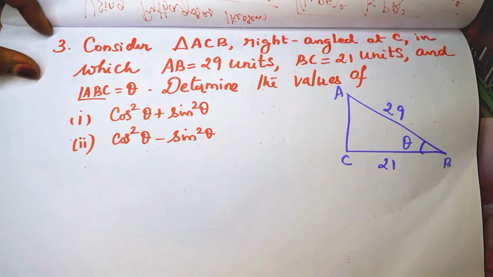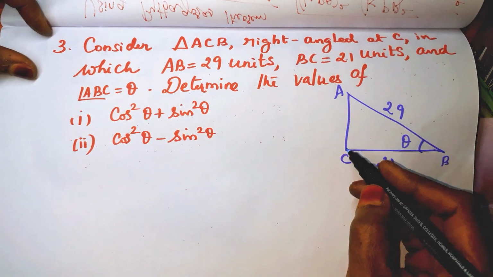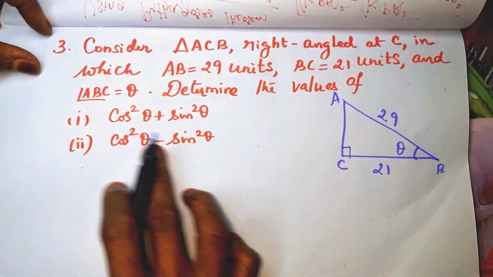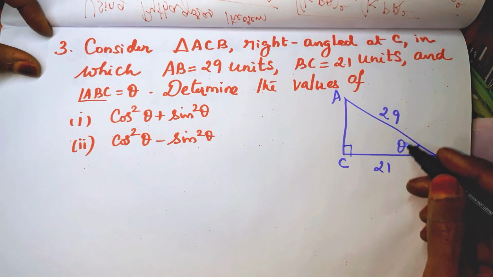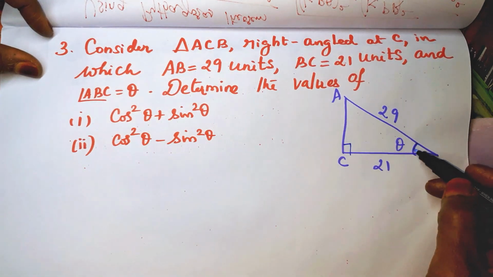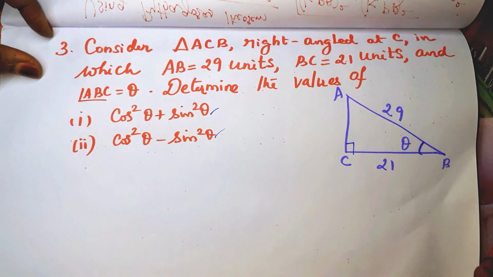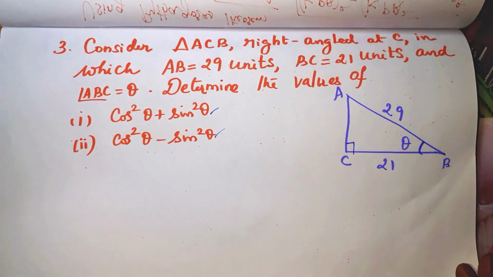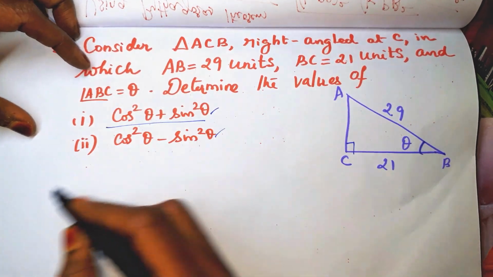Now come to the next problem. We are going to consider triangle ACB, right angle at C. Here it is 90 degrees. AB is given as 29, BC is given as 21 units, and here we have the angle theta. We are going to find two values: sine squared theta plus cos squared theta, and the second one, cos squared theta minus sine squared theta.